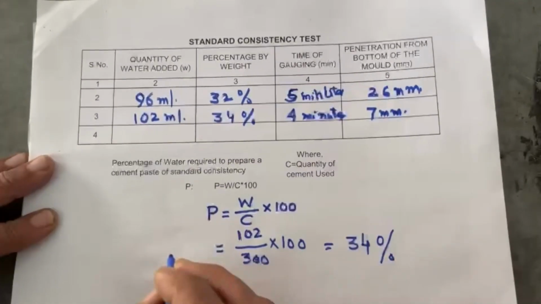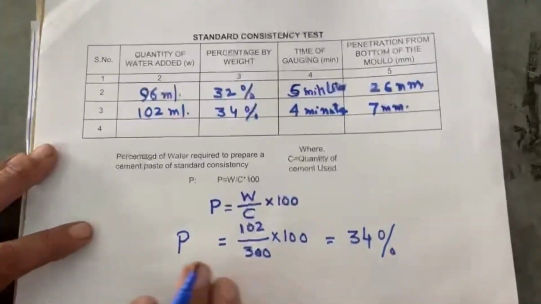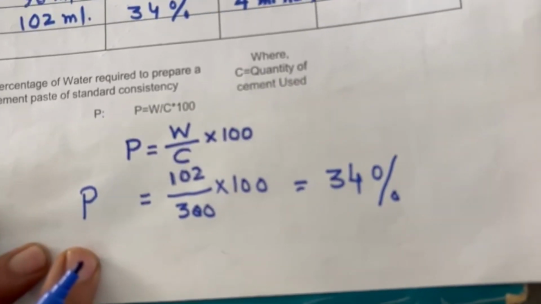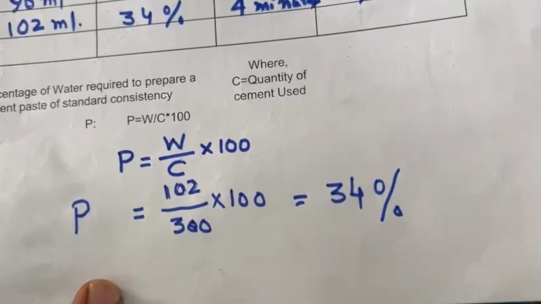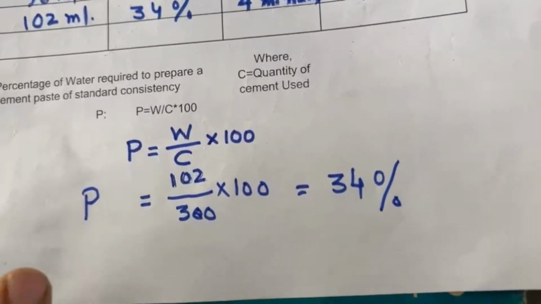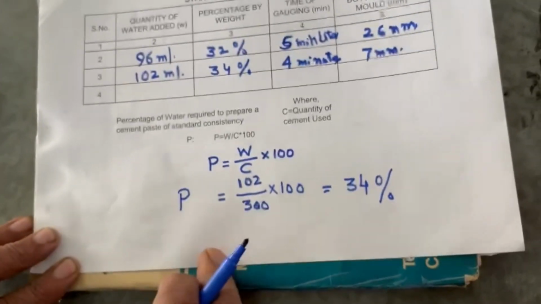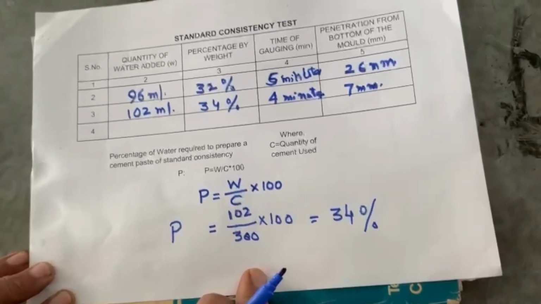This is the value of P. In future we will use this value of consistency as P for this cement, because next we have to perform the initial setting time, final setting time, soundness of cement, compressive strength of cement, and tensile strength of cement. There we can use it.